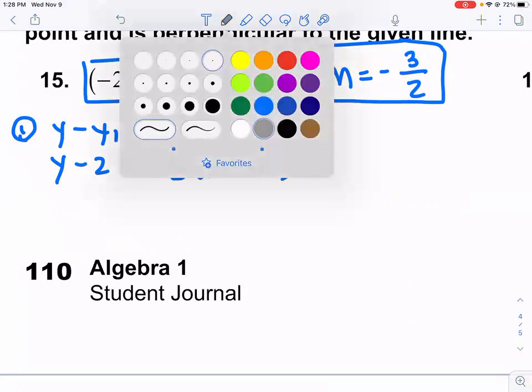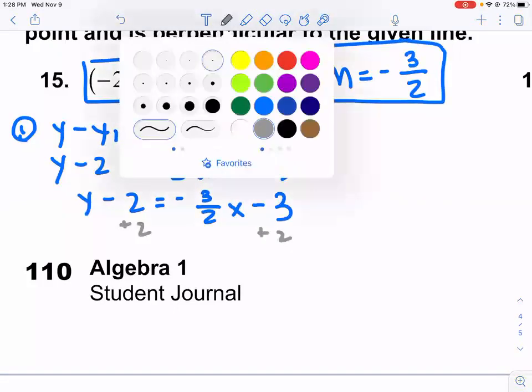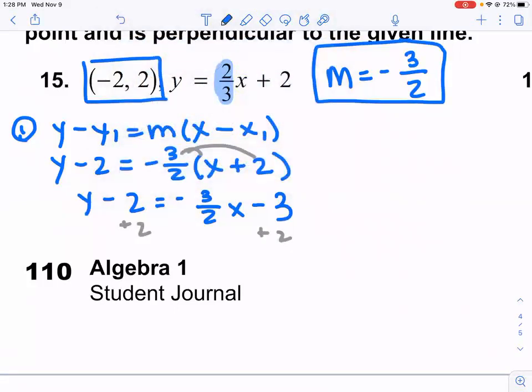So we're gonna distribute our -3/2 through. And then we can add that 2 to both sides. So y equals -3/2 x minus 1.